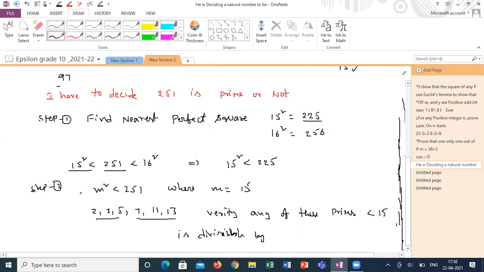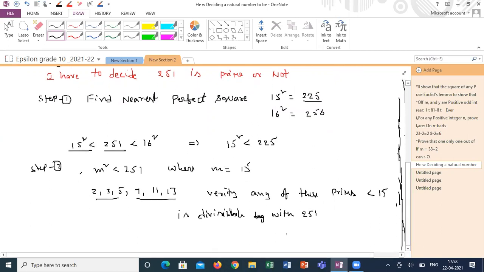Check whether any prime can divide 251. If there is no number you are getting which can divide 251, then 251 is a prime.